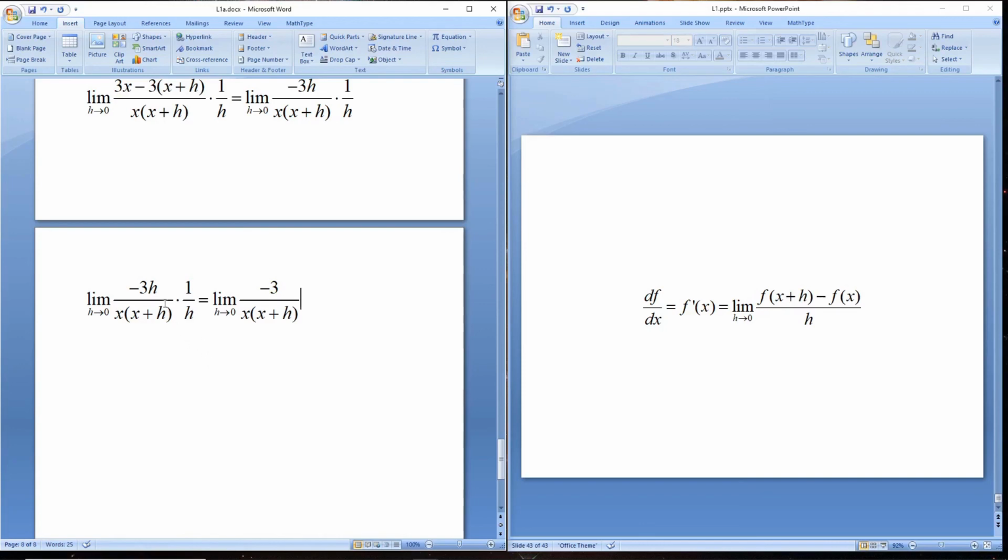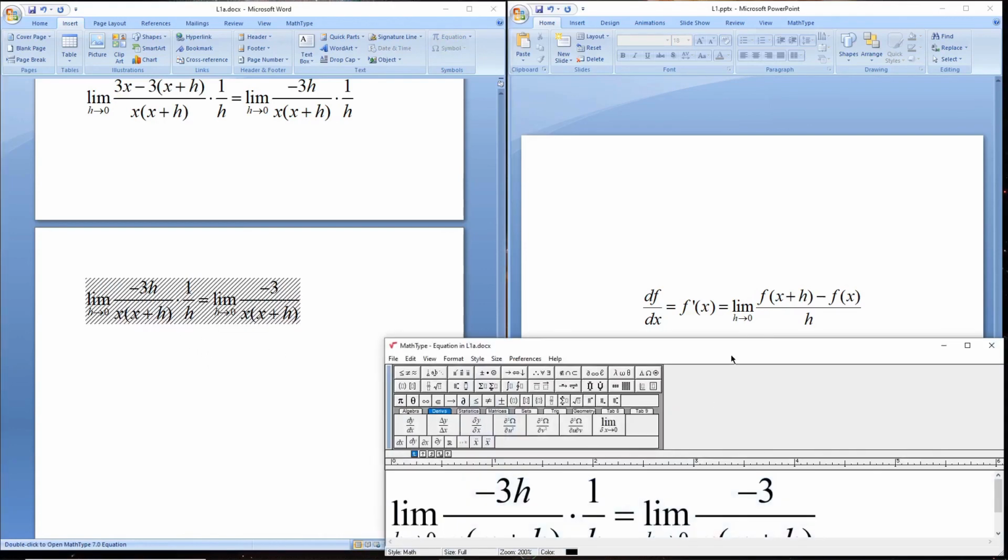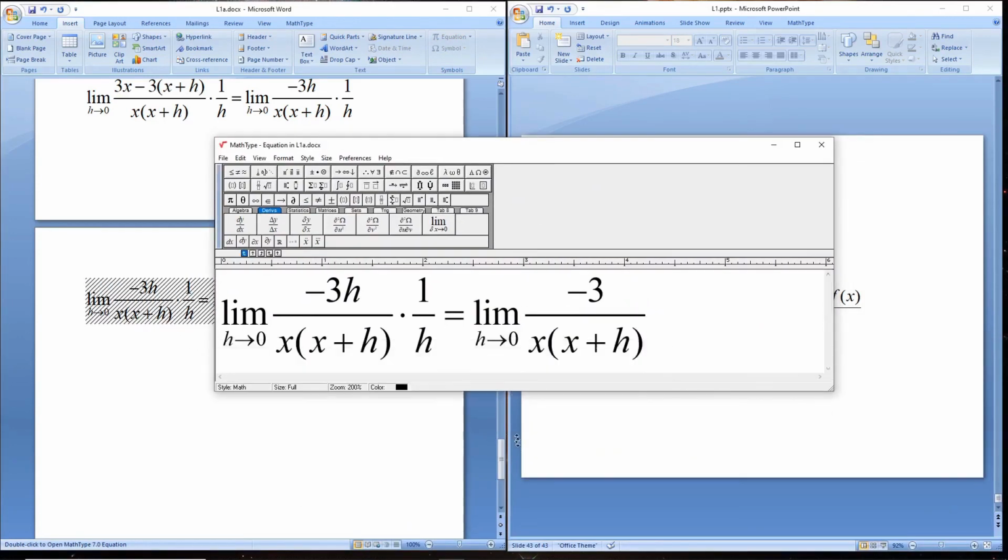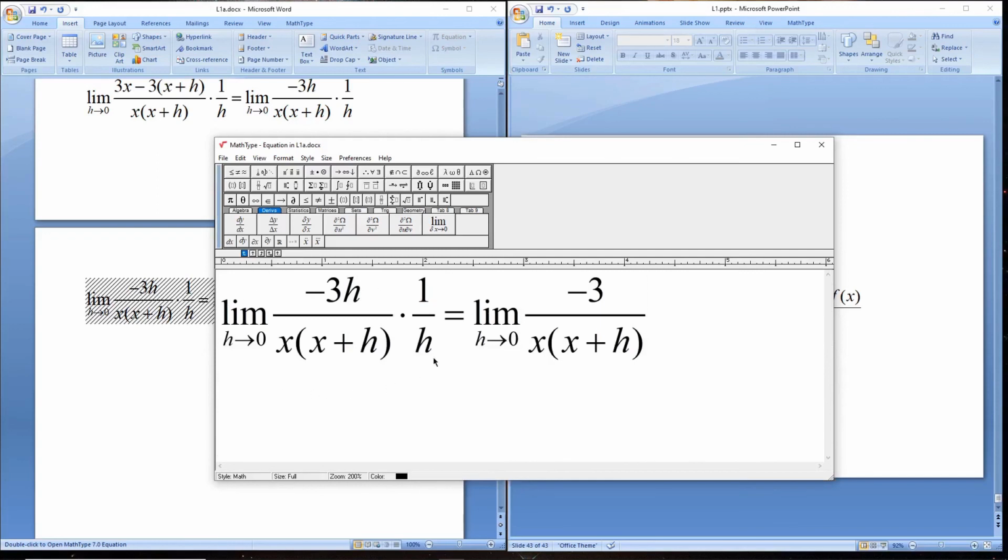And notice right here, if you plug in h, you get 0 over 0. So this is still in the indeterminate form. But once the h's divide out, notice on the right, we are no longer in the indeterminate form, which means we now have our answer.